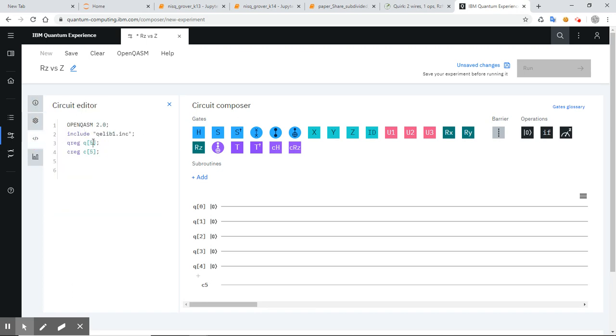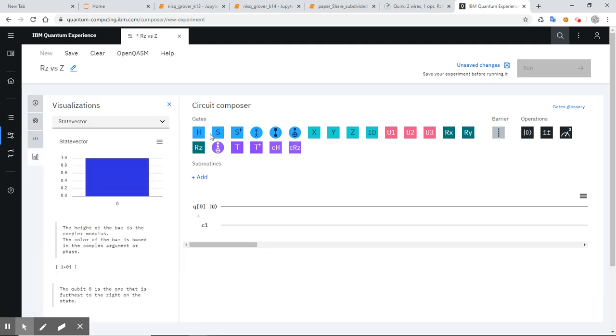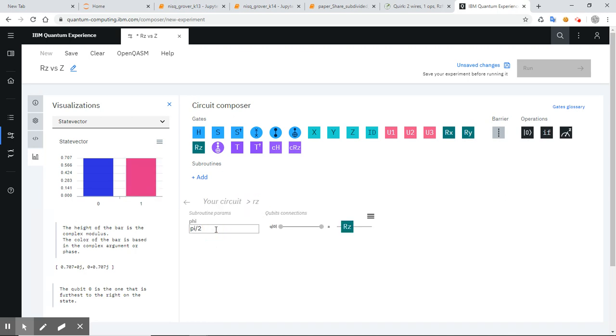We want just 1 qubit, just to make it simpler. We want a Hadamard, and now we apply an RZ. Yeah, I can parameterize that. So an RZ of pi divided by 2. State vector.